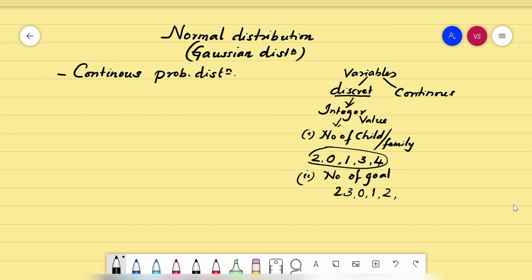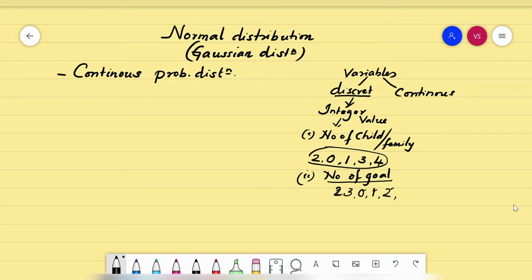These answers, the number of goals scored, can't be expressed in decimal form. You will never hear him saying that I have scored 0.5 goals or 1.2 goals, because by nature you cannot take decimal values. So these are discrete variables.